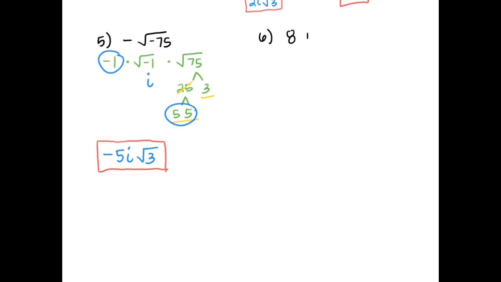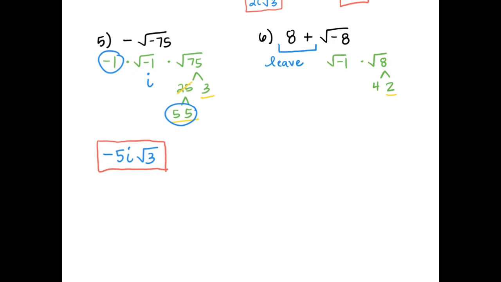All right, number 6, and this one will be the last one. So I've got 8 plus the square root of negative 8. Now this is the first time you've seen a plus sign being thrown into the mix. So this 8 plus, I just want you to leave it alone for a little while and let's just look at the square root of negative 8. So separate it just like we've been doing. So I've got the square root of negative 1 times the square root of 8.